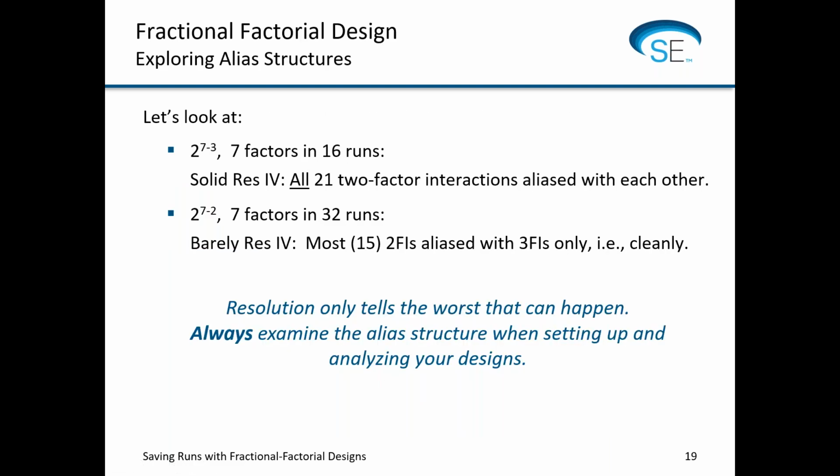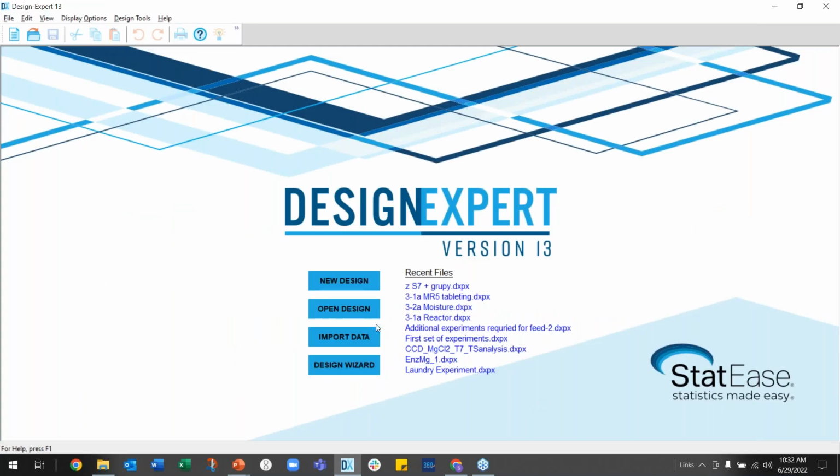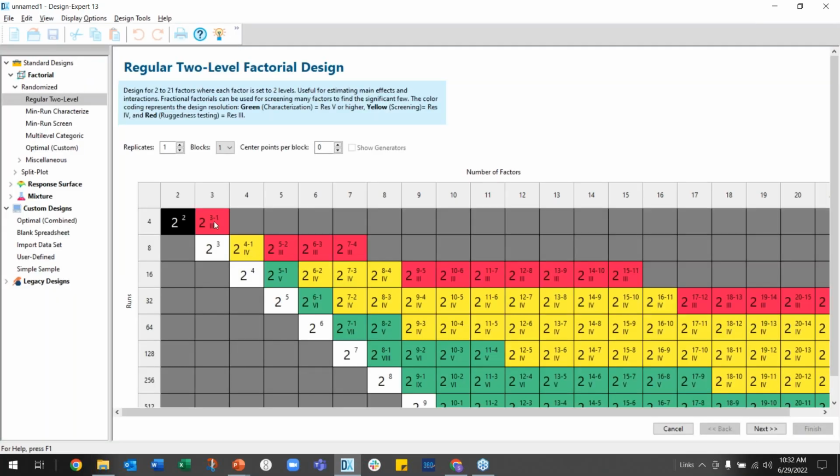Okay, I'm going to do a little demonstration here in Design Expert. Okay, so here is our screen. I just want to go down. I'm going to use this 7-factor column to look at this. So I'm going to first click on 7 factors and 8 runs, the red design.